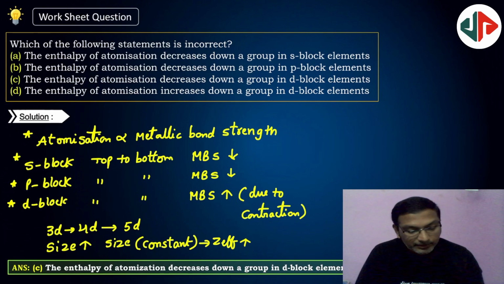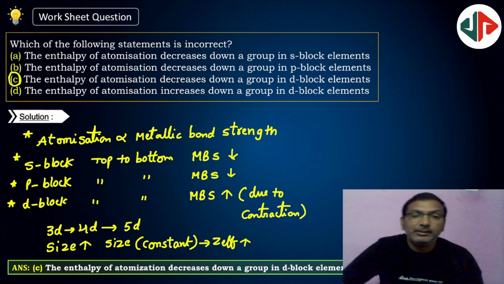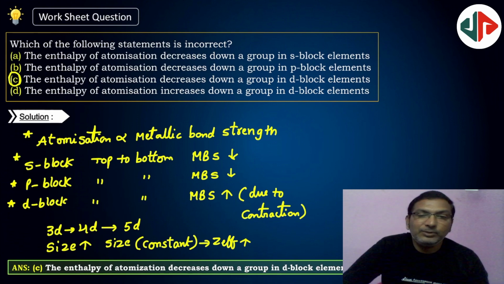So therefore option C. In case of D block, enthalpy of atomization should increase due to lanthanoid contraction. 3d to 4d series size increases, but 4d to 5d size remains constant, and moreover effective nuclear charge increases from 4d to 5d.